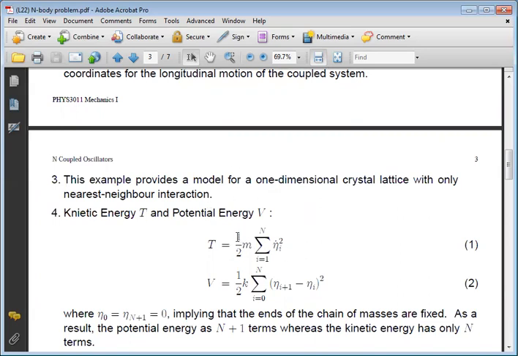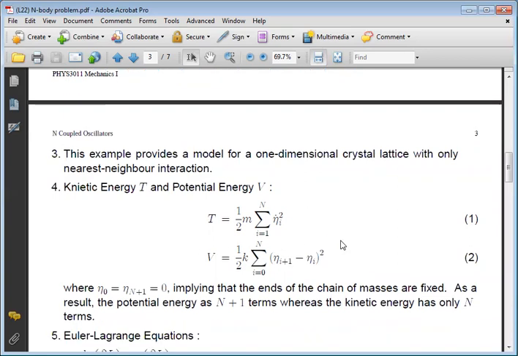So the total kinetic energy is 1/2 m times the sum of all the velocity squared, the velocities of each particle summed together to give this term. For the potential energy, what we need to do is to sum up all the potential energy associated with each spring.